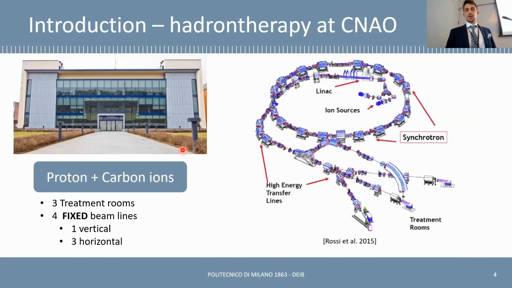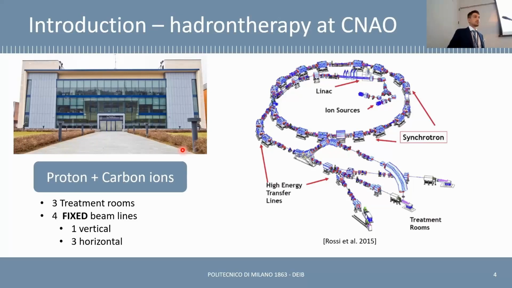I forgot to mention I work with the CNAO Treatment Center, and CNAO stands for Centro Nazionale di Hadroterapia Oncologica. It's a hadron therapy center located in Pavia, Italy. It was created in 2001 and started clinical trials in 2010, ended in 2015.